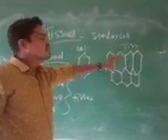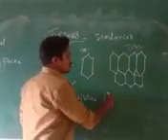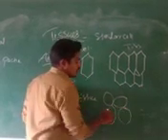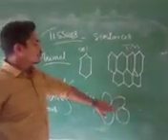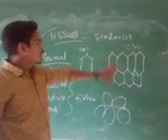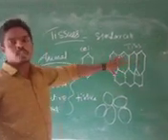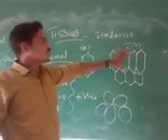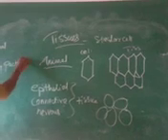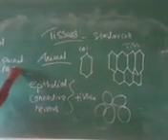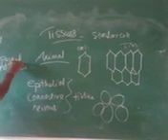In some other tissues, cells are arranged so that there are intercellular spaces in between, but here no such space is there. So epithelial tissue is made up of closely packed cells with no intercellular space. This is the first point.